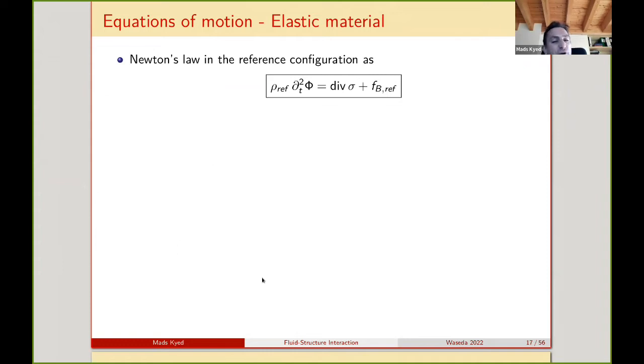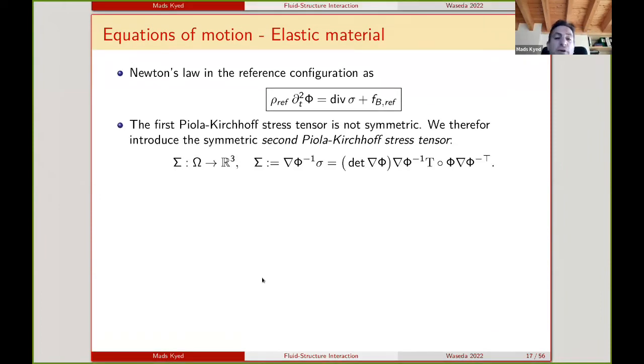But I still have the problem that I don't know what the Piola-Kirchhoff stress tensor sigma is. For this we now have to derive an expression, a so-called constitutive equation, for our Piola-Kirchhoff stress tensor sigma.